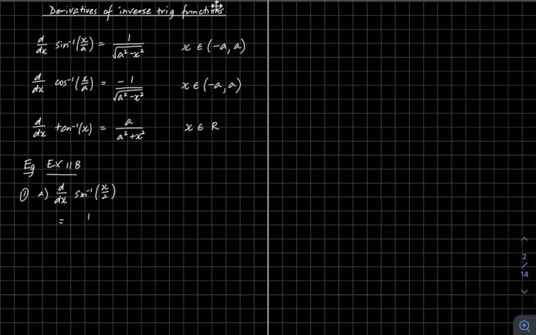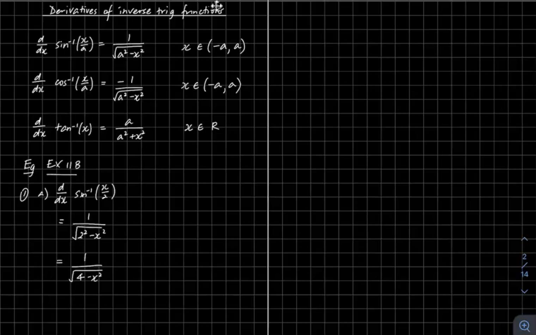So we can say, that's 1 over the square root of a squared minus x squared, which is 2 squared minus x squared, which is equal to 1 over the square root of 4 minus x squared.